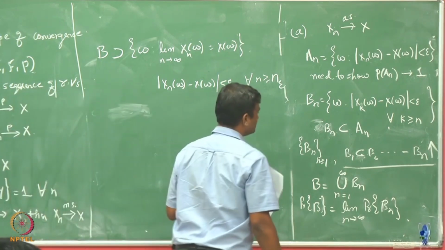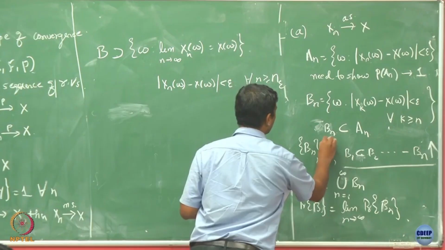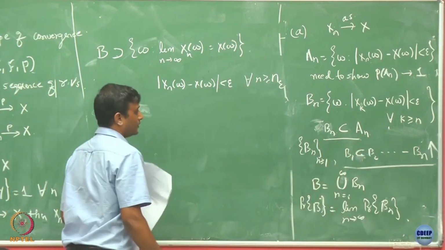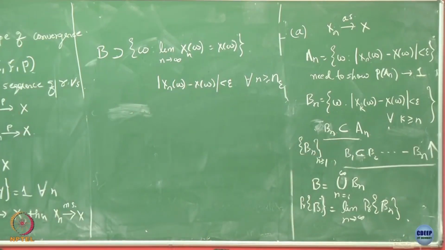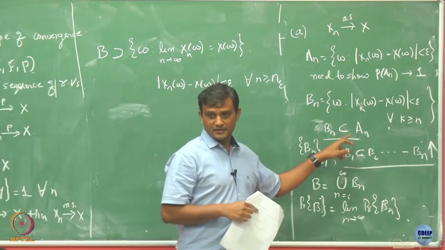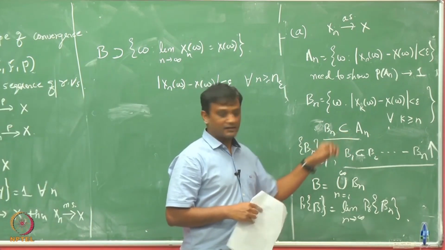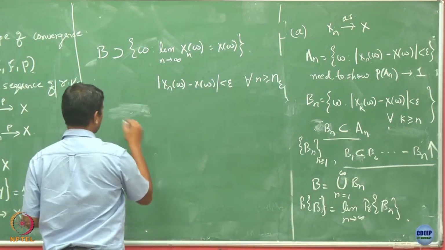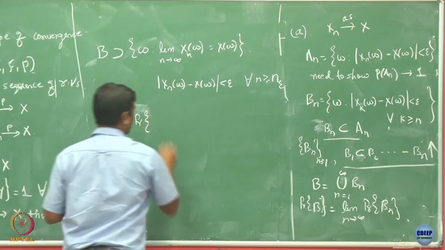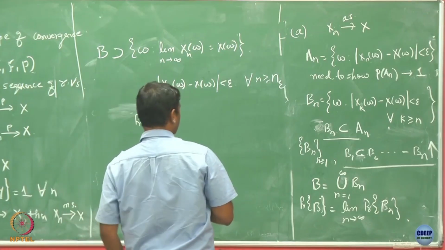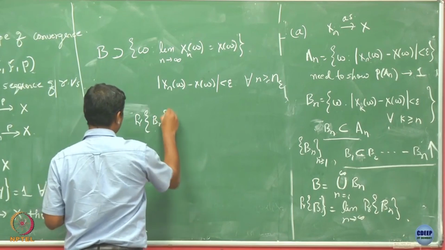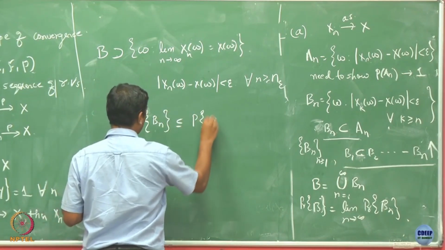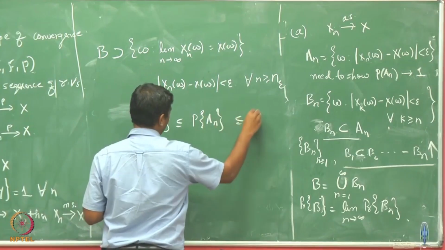Now let's apply probability on this Bn and An. If I am going to take probability of Bn, this I know trivially holds, right?